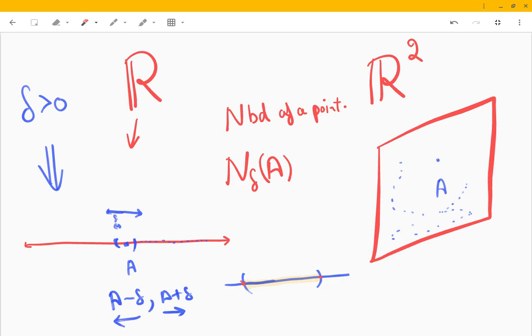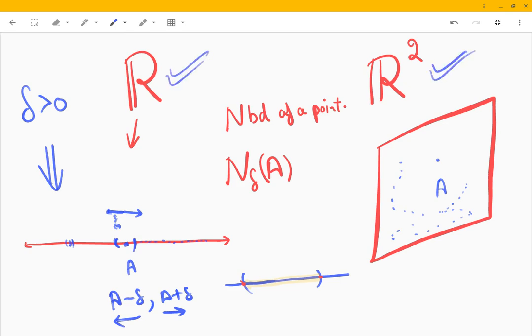So this is the delta neighborhood of A. Delta can be as small as you can imagine, even smaller than that. So what we are implying is we take a point and then we look around it, extremely small, both sides. That is called the delta neighborhood of A on a real line.